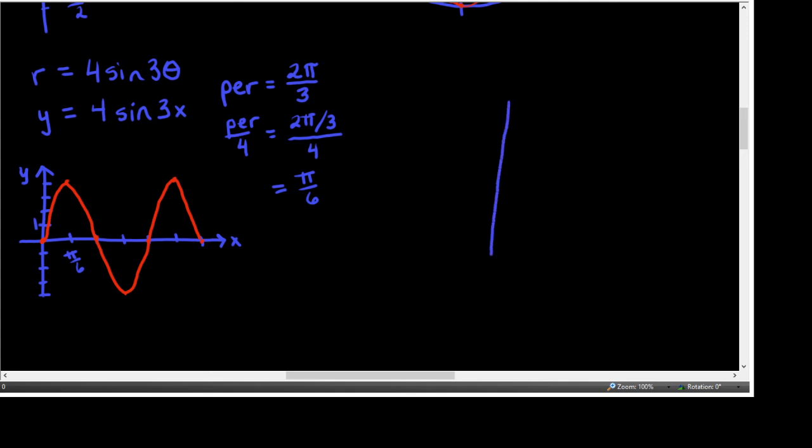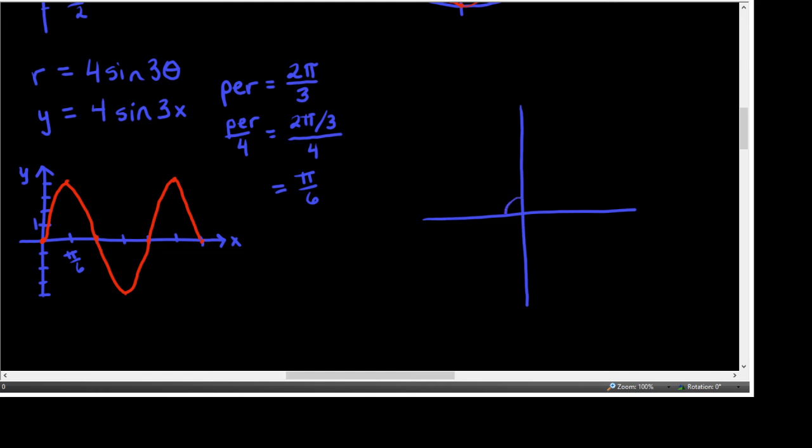Okay. Oh, wow. I really need to be able to draw verticals better. Let me try that one more time. All right. So there's our XY axes. The positive x-axis is the polar axis. And we're going out to 4.